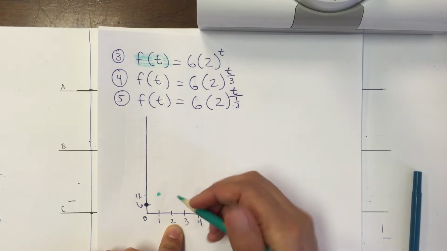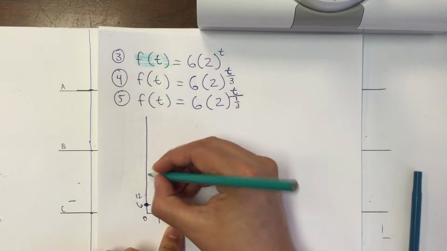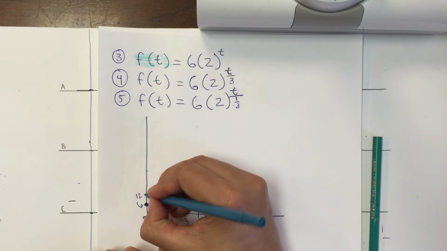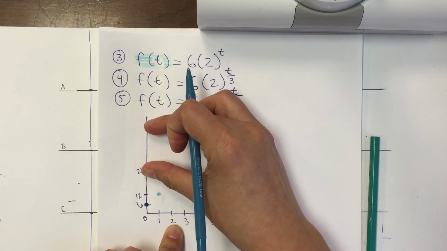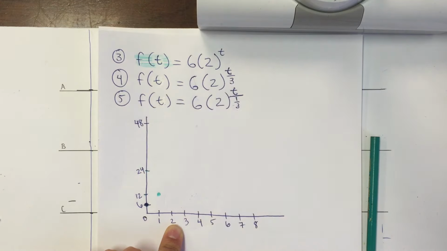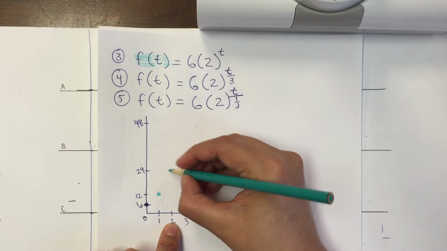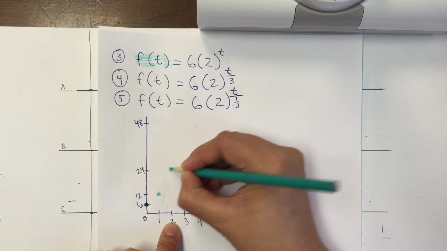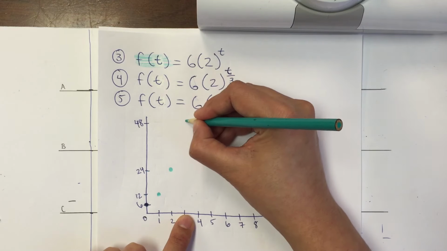Another hour passes by, and then it doubles again. So 24. And I'm just going to draw the next one, which is 48, about here. Okay, so 12, 2 hours later 24, 3 hours later we're going to have 48.